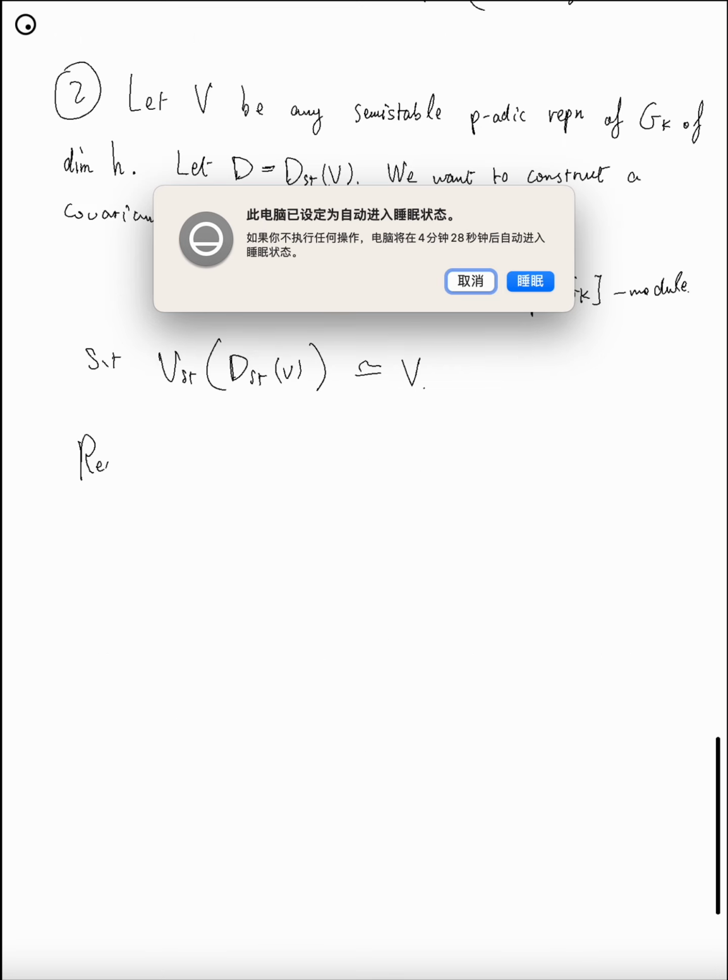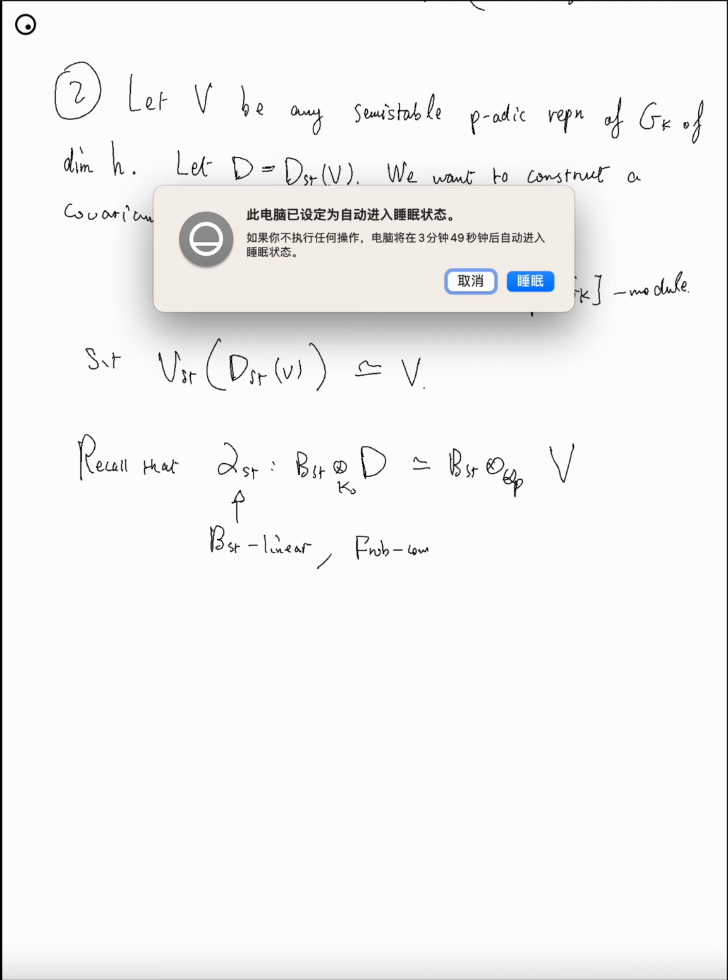And then recall that we have our alpha_st, which is an isomorphism when V is a semi-stable representation. This is B_st linear, Frobenius compatible.